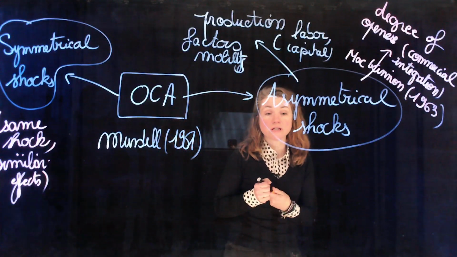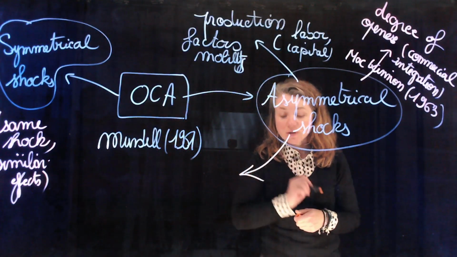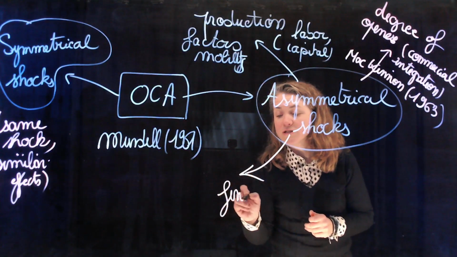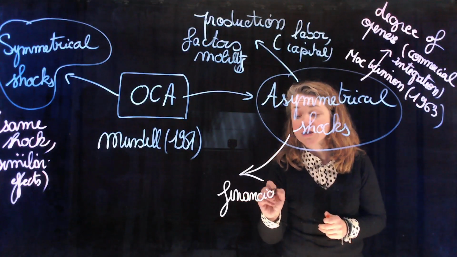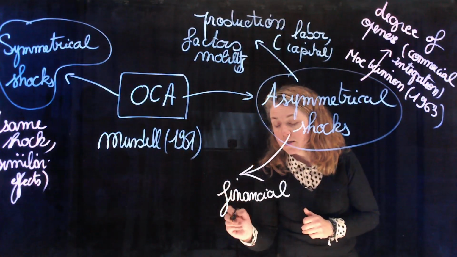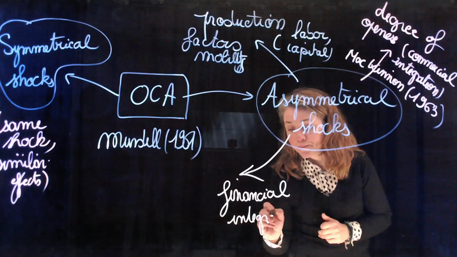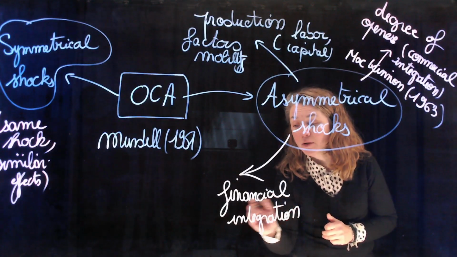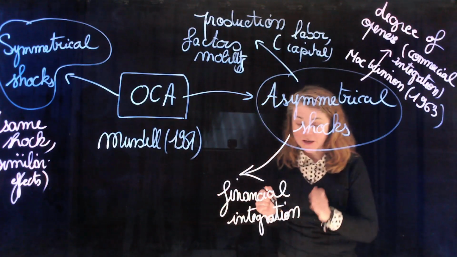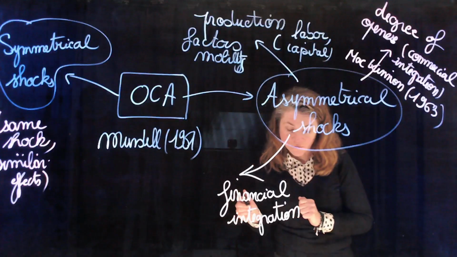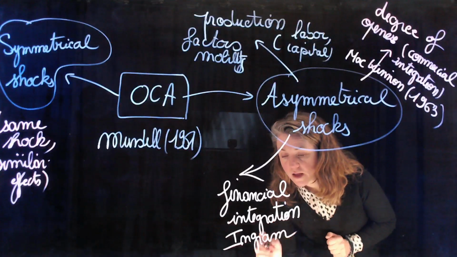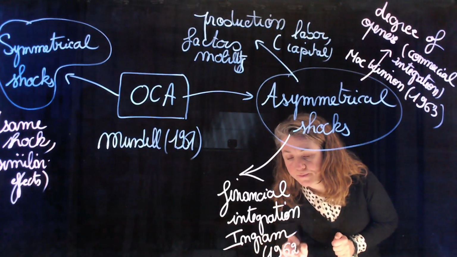But if production factor mobility is not enough and the degree of openness too, then we could find other factors, other conditions, especially two different kinds. First of all, we could focus on the degree of financial integration. Because if the financial market is enough integrated, this could enable to cushion the effects of this asymmetric shock. This is the idea of Ingram in 1962.